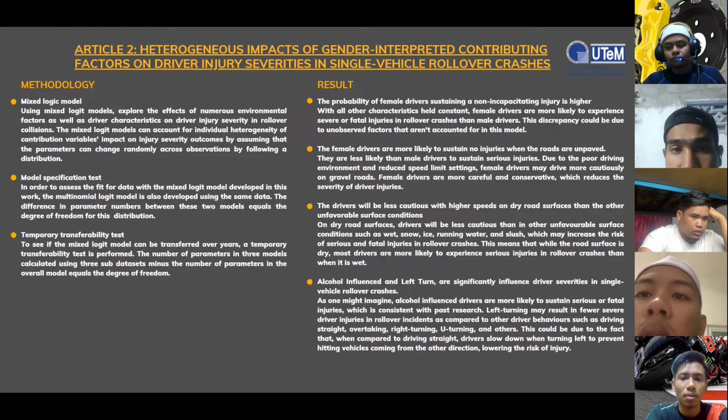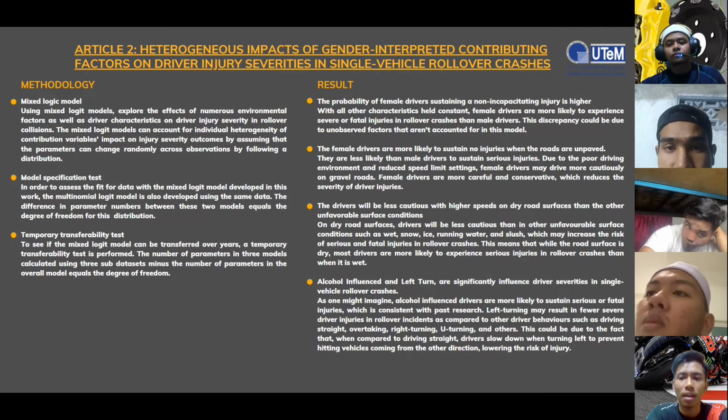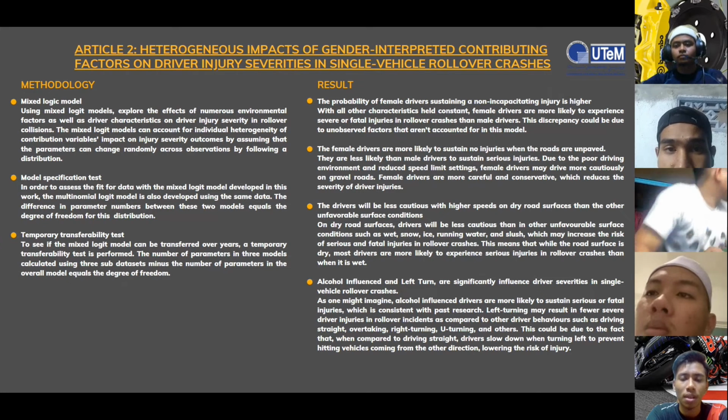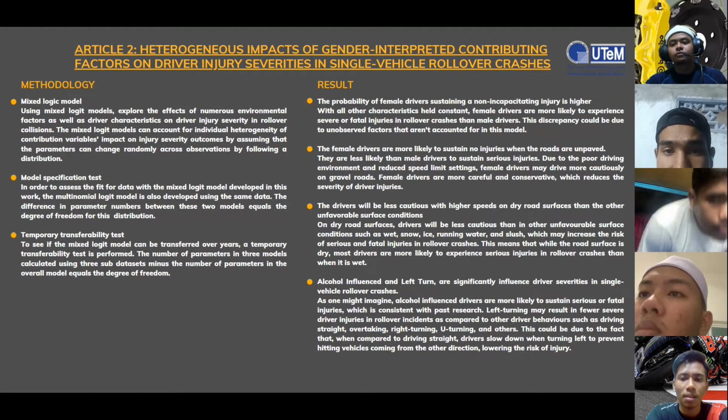Okay, for the result, first, the probability of male drivers sustaining a non-incapacitating injury is higher. The disparity could be due to unobserved factors that are not accounted for in this model. Second, female drivers are more likely to sustain no injuries when the roads are unpaved. They are less likely than male drivers to sustain serious injury.